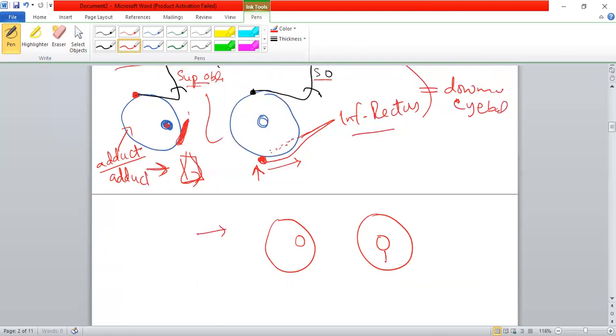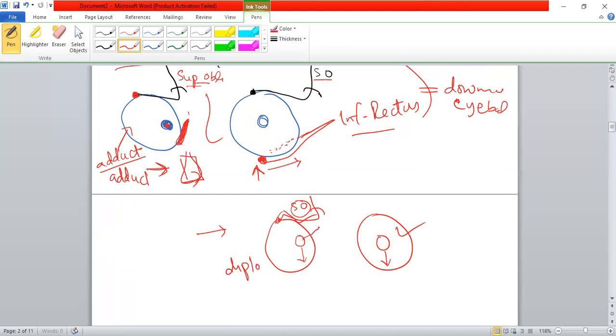This one will normally look down, but this one will not be able to look down. Why? Because during the adduction process, all the power is with the superior oblique, and the superior oblique does not function. So this patient will not be able to look down, while the other eye will perfectly look down, and he will have diplopia. Why?